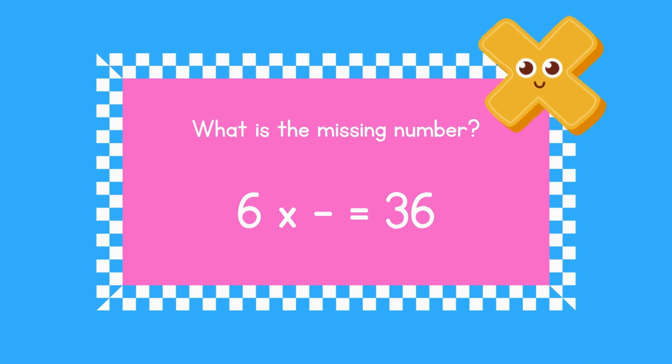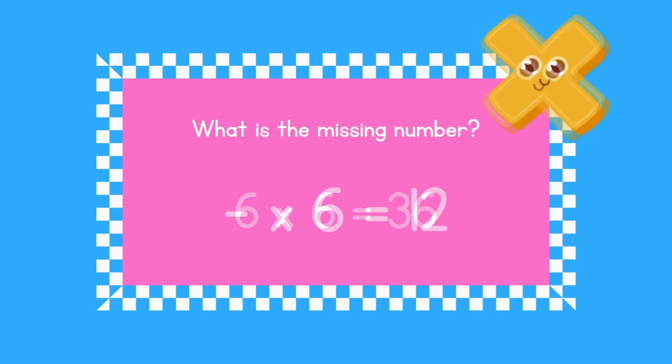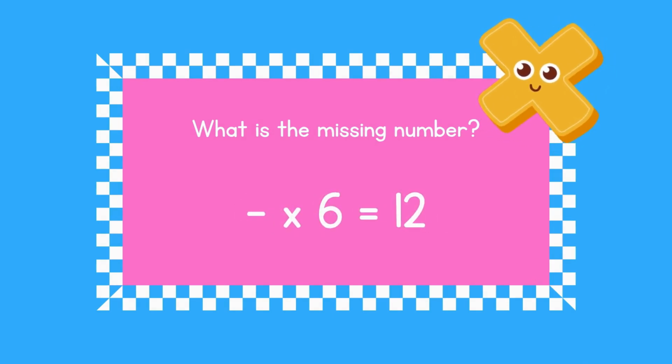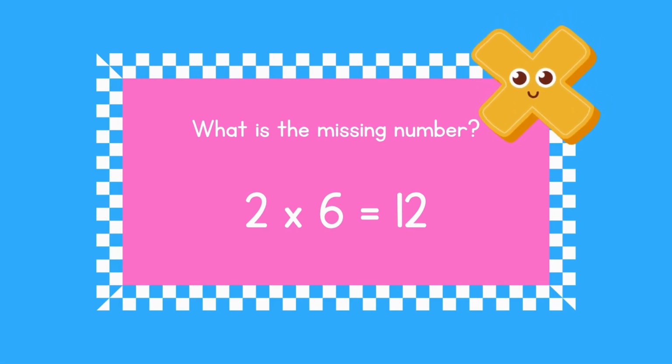Find the missing number. Six multiplied by 6 is 36. Find the missing number. Two multiplied by 6 is 12.